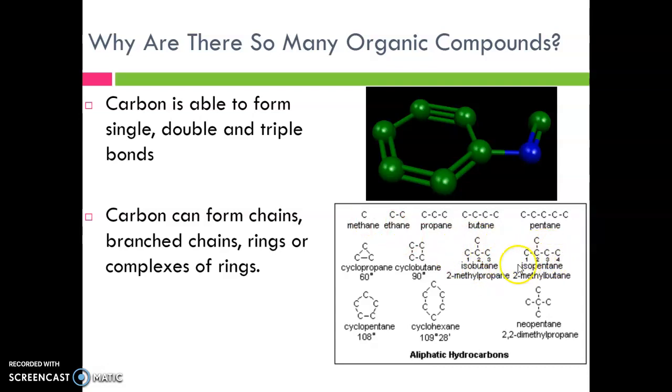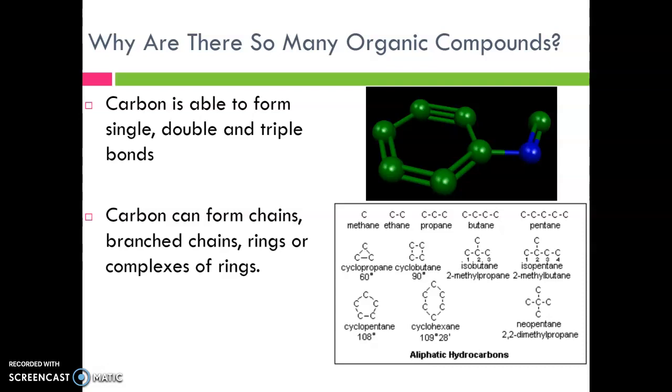Or it can form ring structures: cyclopropane, cyclobutane, cyclopentane. Or it can form complexes of rings, like the caffeine example and the aspirin example that we saw a slide or two ago, which are multiple rings bonded to each other to form a larger compound.